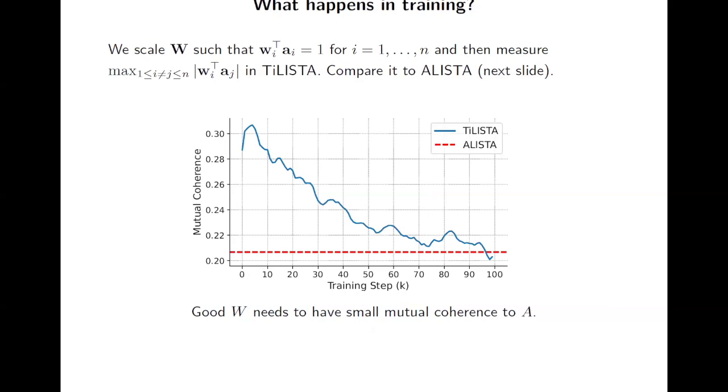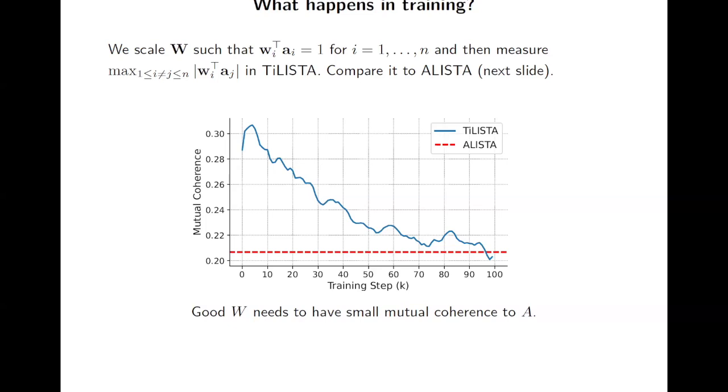The second step is to justify: in our theory we explain W^k as a preconditioner, but if you learn it in practice, is the learned W also a preconditioner or not? We monitor the training process.